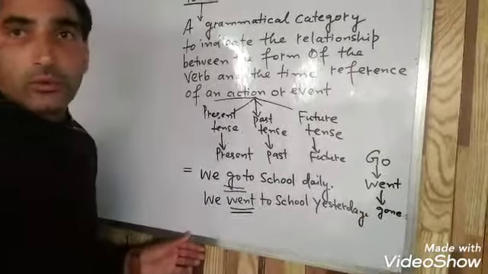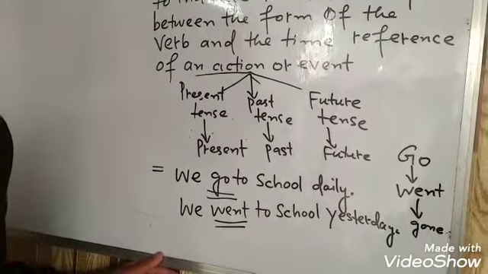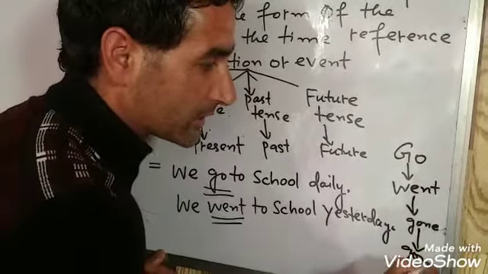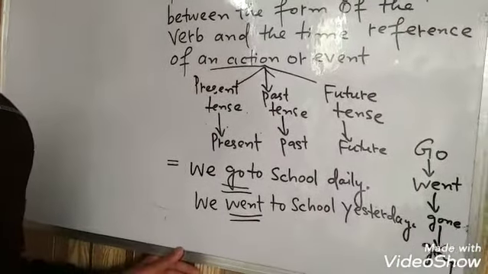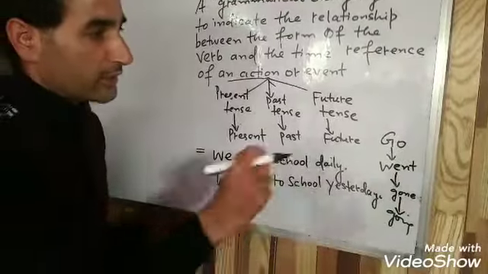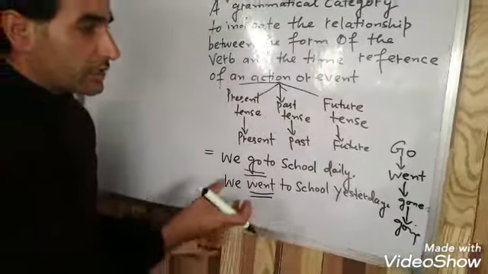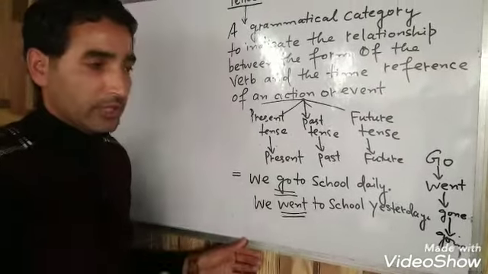The answer is no, because gone is the past participle form of this verb. Then should I write going? No, because going is again the present participle form of this verb. So it becomes clear that there is no separate form for the future.